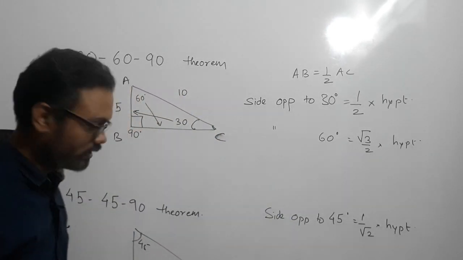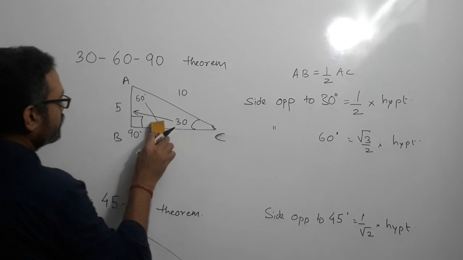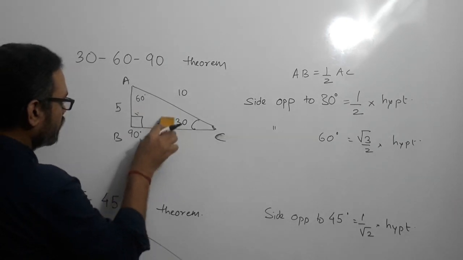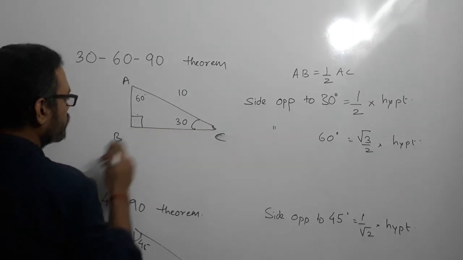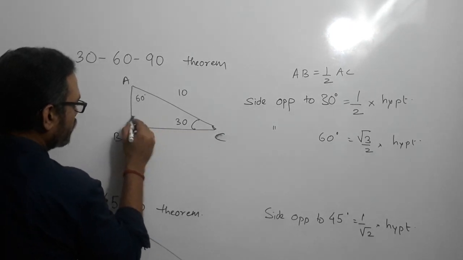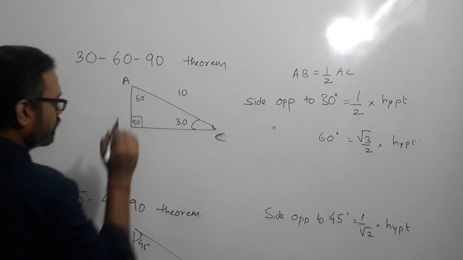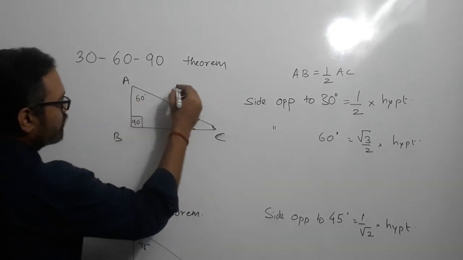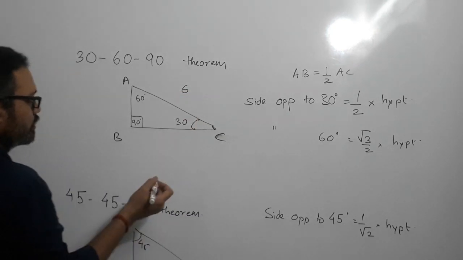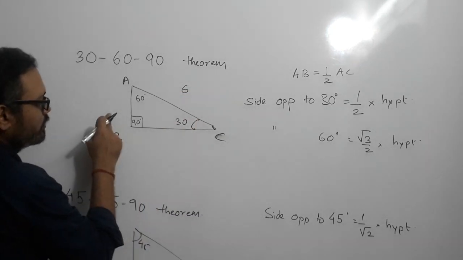Now let me just ask you a very simple question. This is 90. If I have given this is 6, so what will be the value of this?